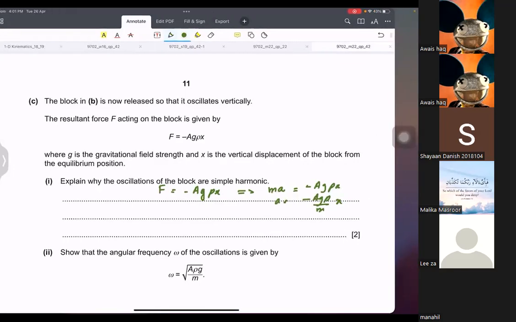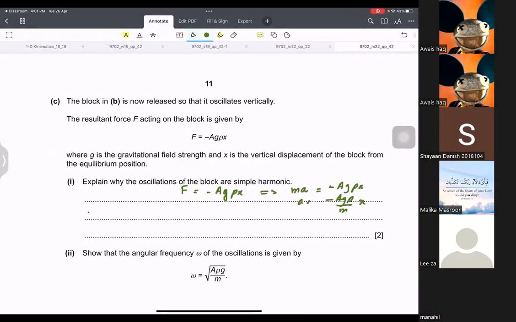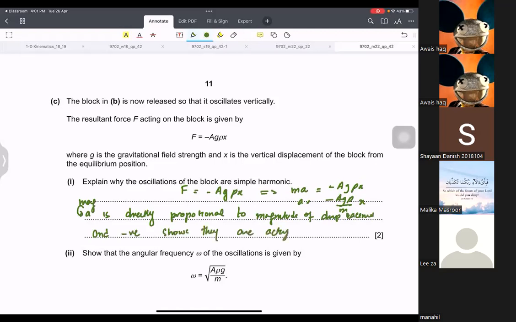So I can say that in this one, acceleration is directly proportional to magnitude of displacement. And negative shows they are acting in opposite direction. So that is very, very important.